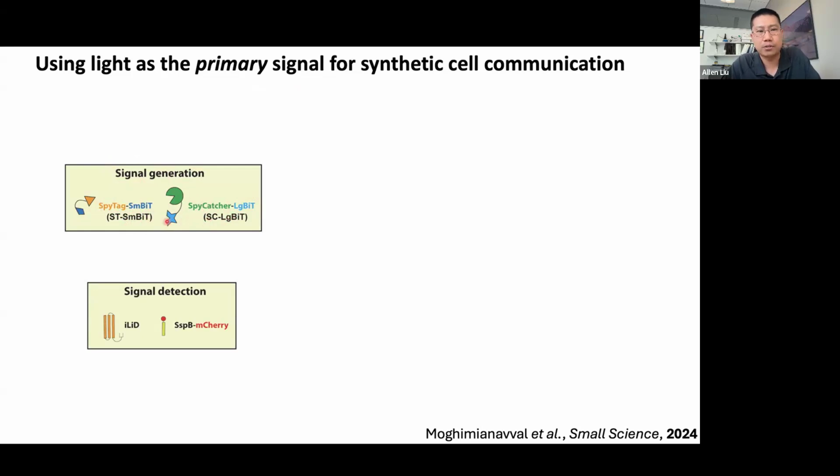So when the spike tag and spike catcher come together, we can generate light. On the receiver side, we propose to use iLID and SspB that can bind to one another under blue light stimulation. iLID has this J alpha helix that gets exposed under blue light, and then it will bind very tightly to SspB.